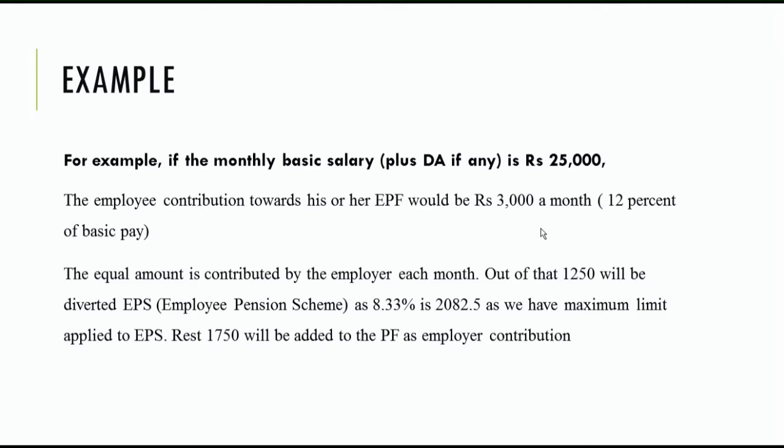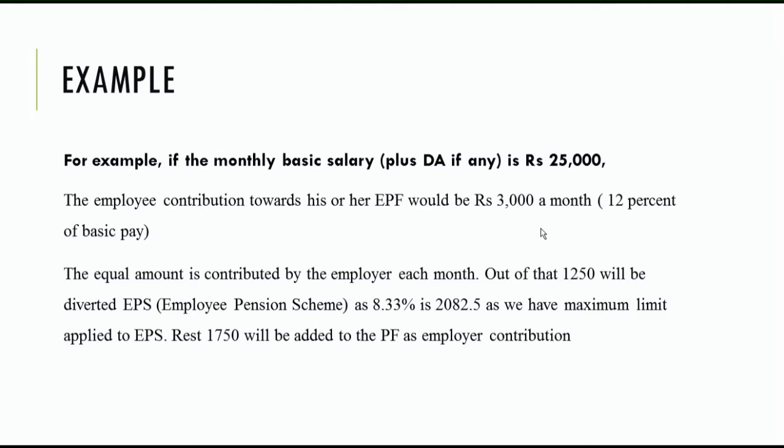Let's take a real-time scenario. For example, if an employee's basic salary is 25,000, the employee contribution towards his PF would be rupees 3,000, as it is 12% of his basic pay. The equal amount will be contributed by the employer as well for that particular month.